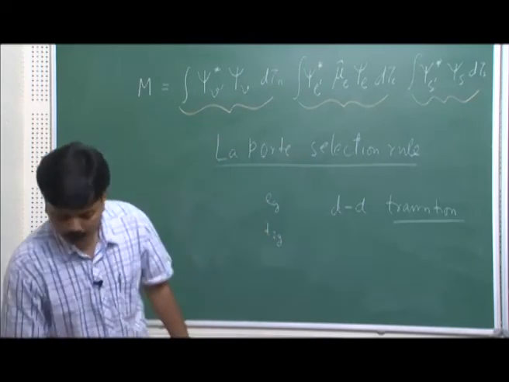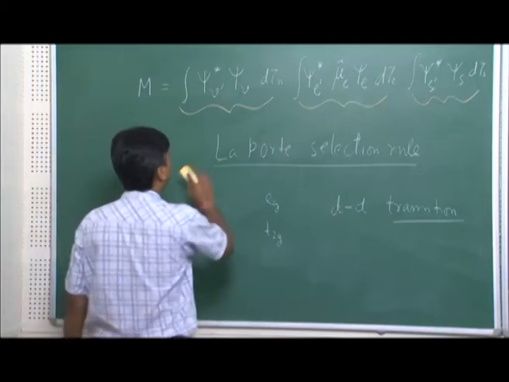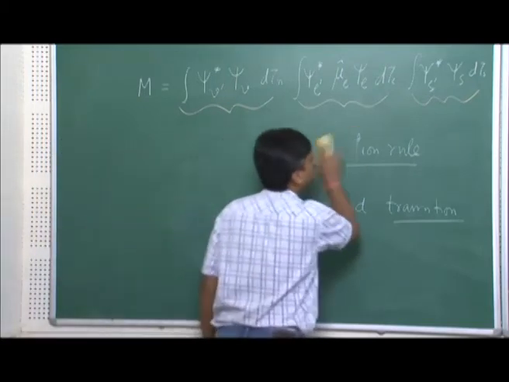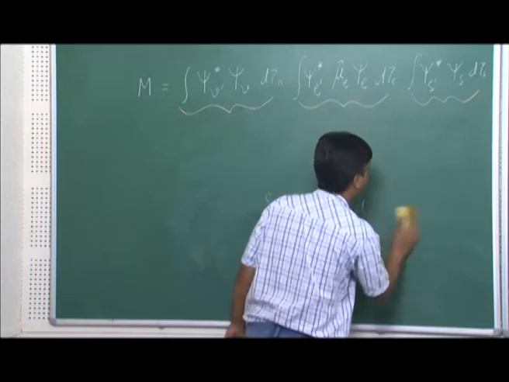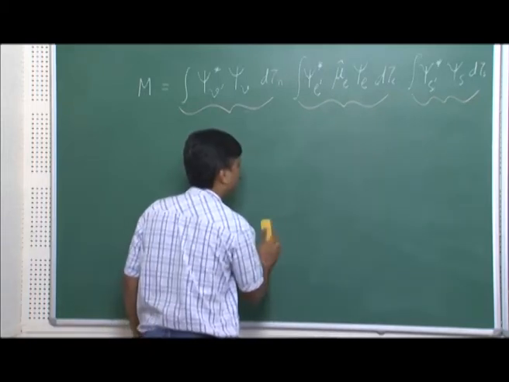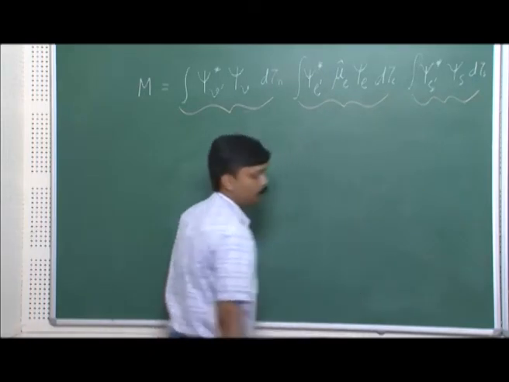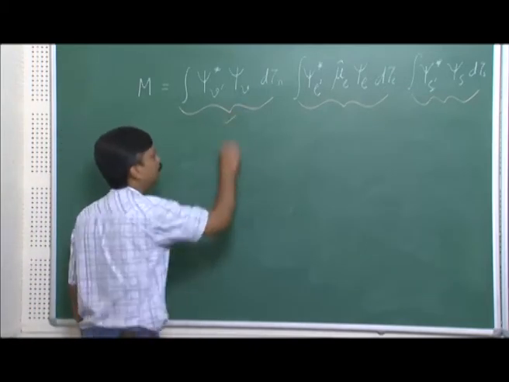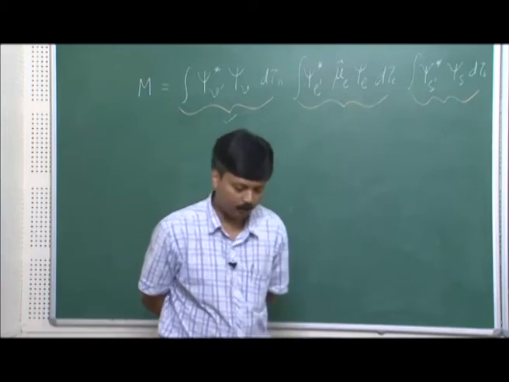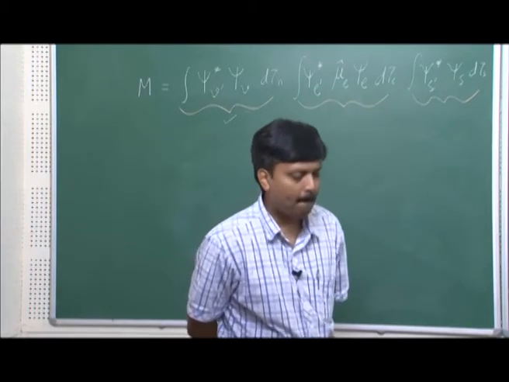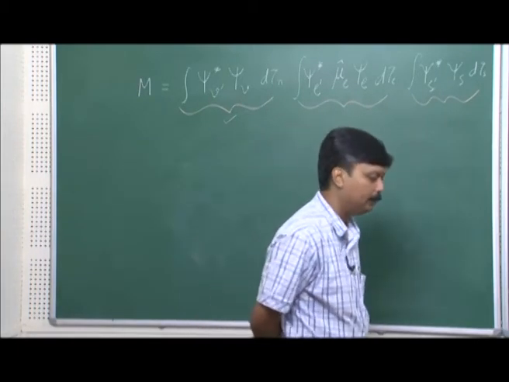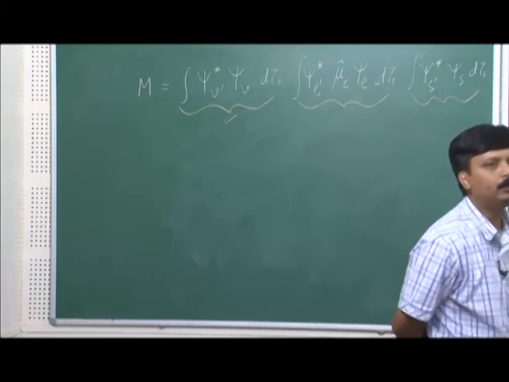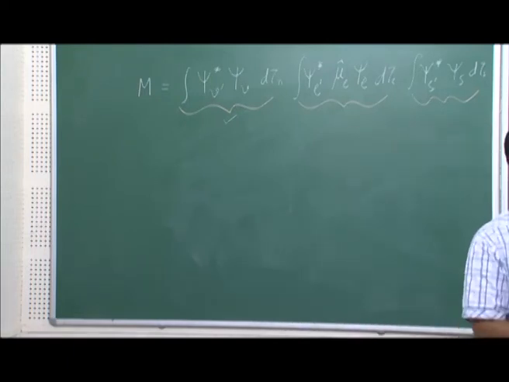All right, now let's move our attention to the other part, particularly this part related to the Franck-Condon factor. Now we have looked at the vibrational transitions and the corresponding selection rule, how to get those things.